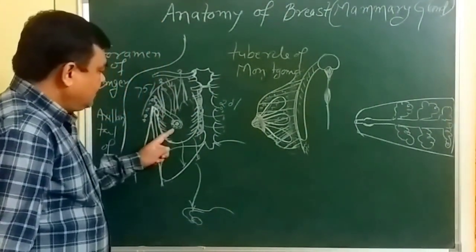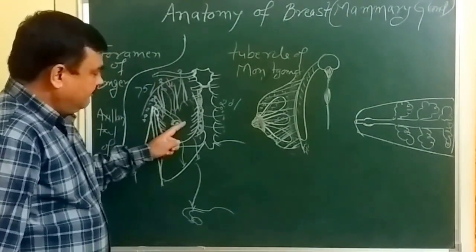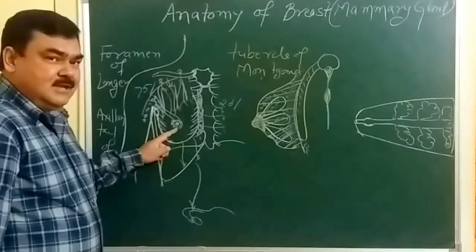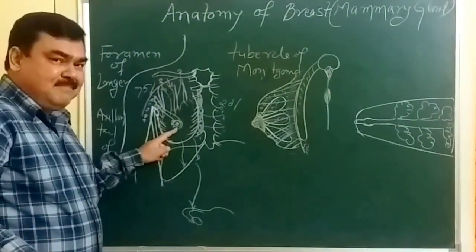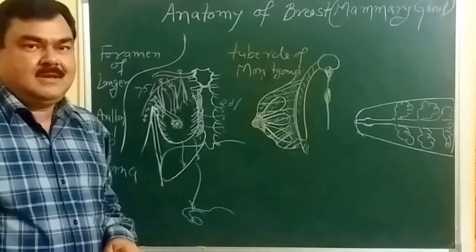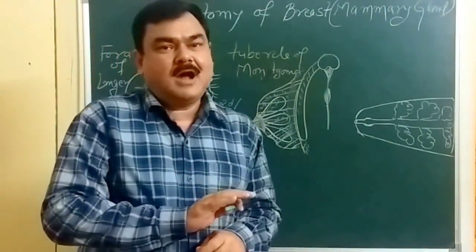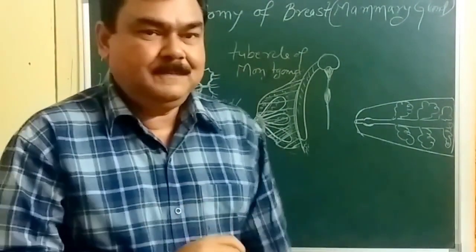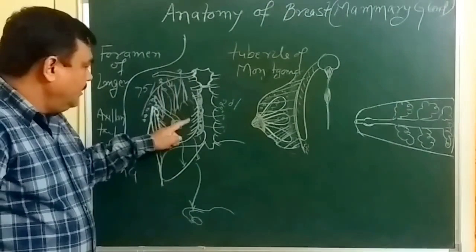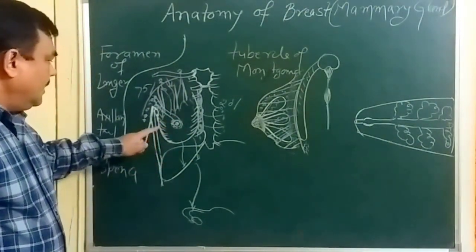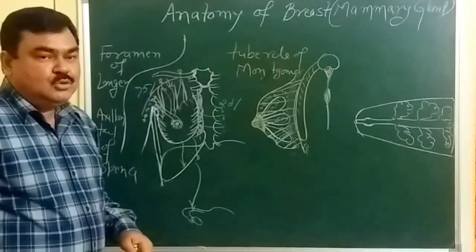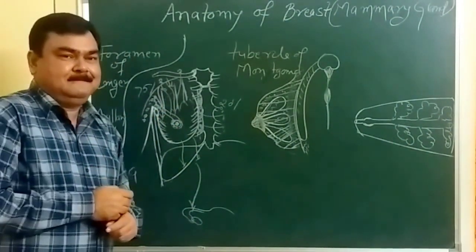Next to the superficial, the subareolar plexus of Sappey is part of the deep lymphatics. So other than the skin, the other tissues of the breast drain into regional lymph nodes through deep lymphatic channels.